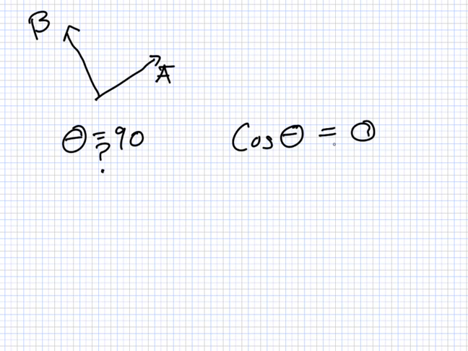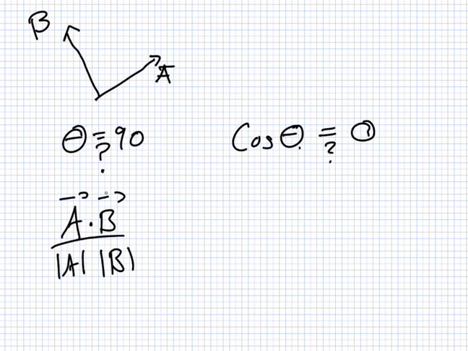Yeah. So I want to know if cos theta is 0 or not. But how can I calculate cos theta? Well, that's just A dot B over magnitude of A times magnitude of B. I want to know if that's equal to 0.